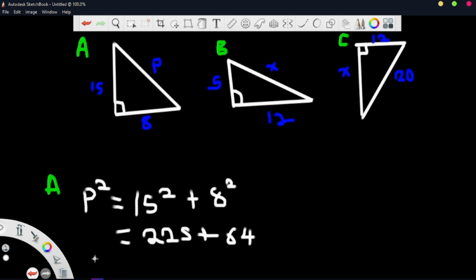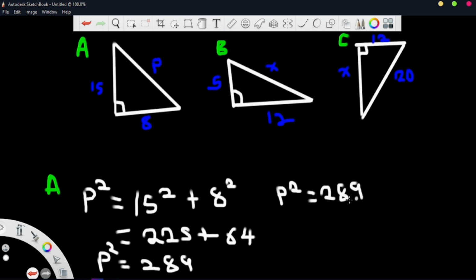So I would find that my P squared is basically 225 plus 64, which is 289. But I haven't yet solved for my P. I still have to find the root to get rid of the square. So my P squared is equal to 289, and now let me find the root.